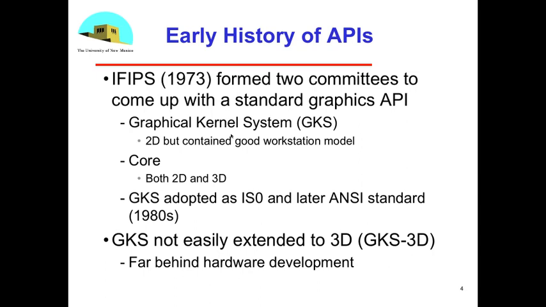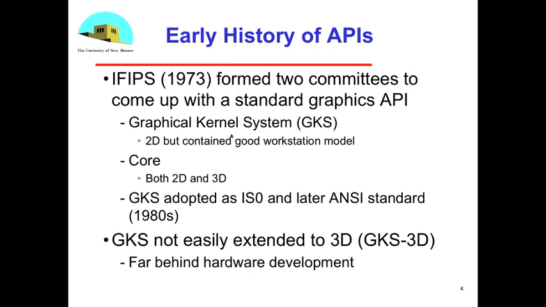But what happened was that GKS was adopted by the International Standards Organization, ISO, as a standard, and later became a U.S. standard, the ANSI standard, somewhere in the 80s. But the problem was that because Core, the 3D one, didn't become a standard, the people who were doing the design work and the CAD work were kind of left out, because when you try to take a 2D standard and make it 3D, you get into all kinds of problems.